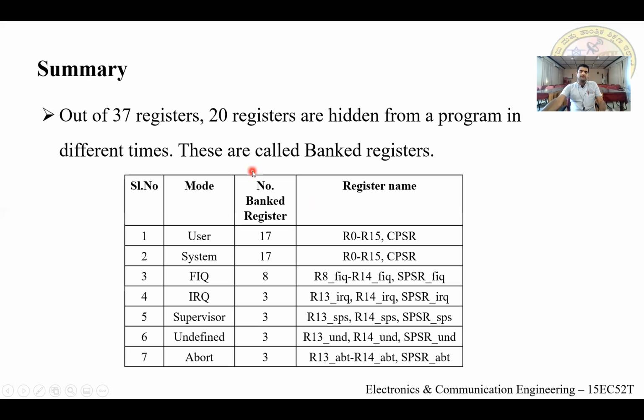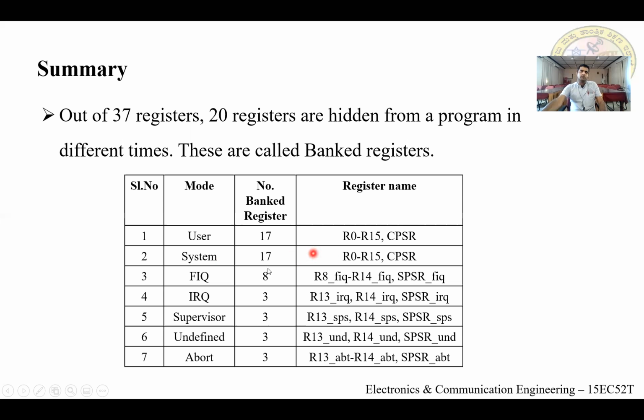The processor has 7 modes in total, and in each mode the number of banked registers available is different. Here is the list. In user mode, there are 17 registers, R0 to R15 and CPSR. In system mode also we have 17 registers, R0 to R15 and CPSR.